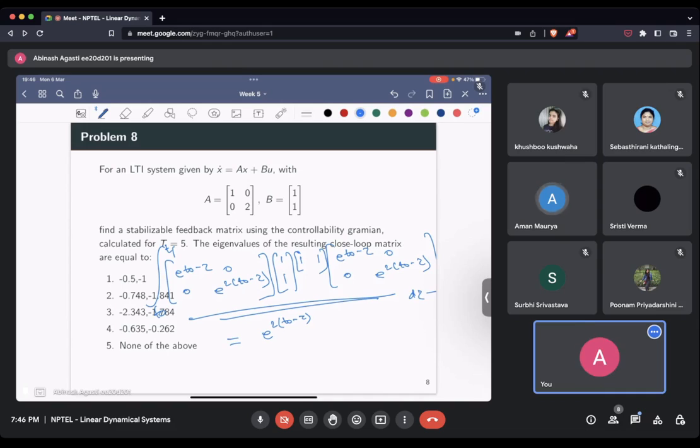And e to the power 4 times t naught minus tau. Okay. No, you will get a 2 cross 2 matrix. This is 2 cross 2, 2 cross 1, 1 cross 1, 1 cross 2, so the net will be a 2 cross 2.